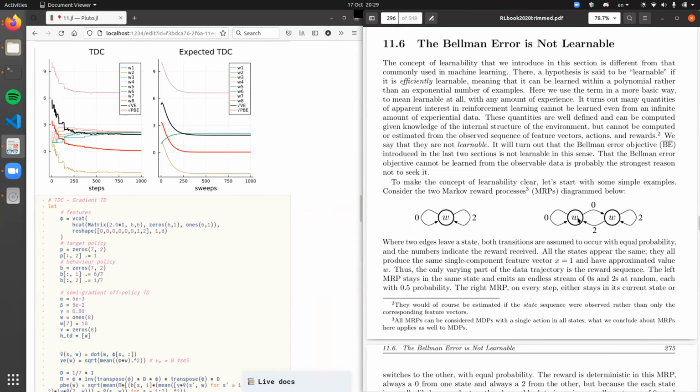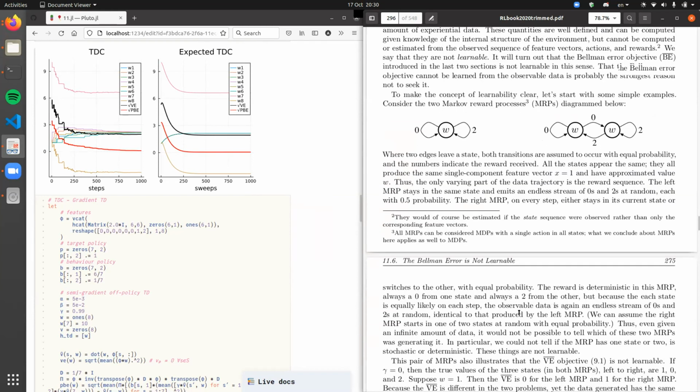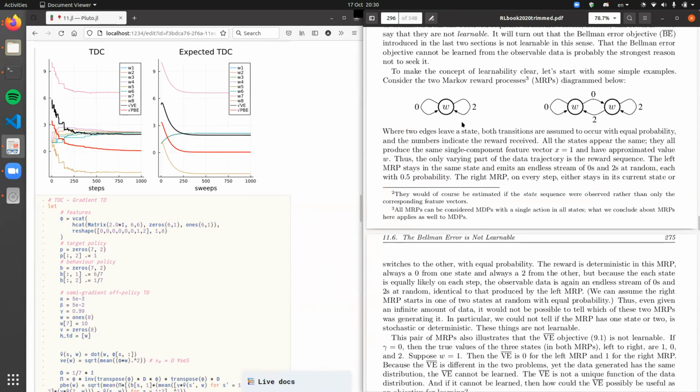And another case when we have two states, and we get reward 2 from one state and reward 0 from another state. And the data, the trajectories generated by running simulation for both of these MRPs would be identical. It would be a sequence of interleaved zeros and twos. And we cannot distinguish between this MRP and this MRP by just observing the sequence of rewards.